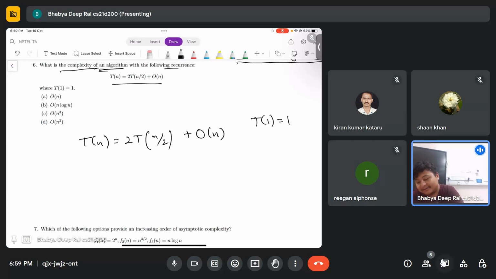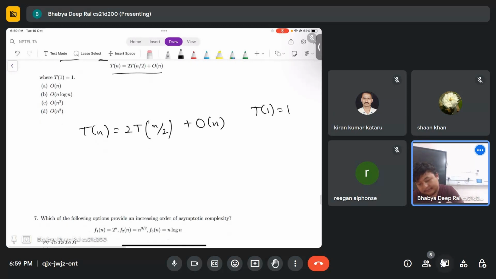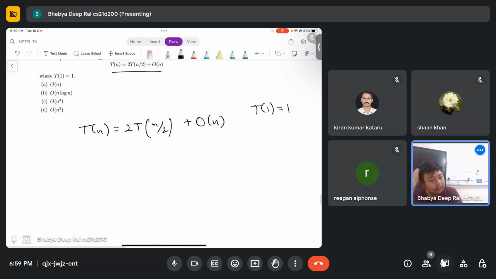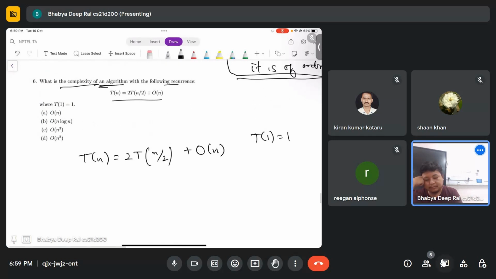Can you use substitution to show this? Can you try this particular problem? What is the complexity of the algorithm whose growth is described by this recurrence?